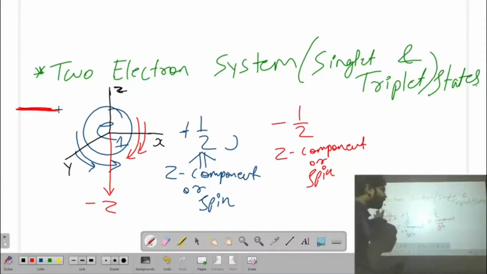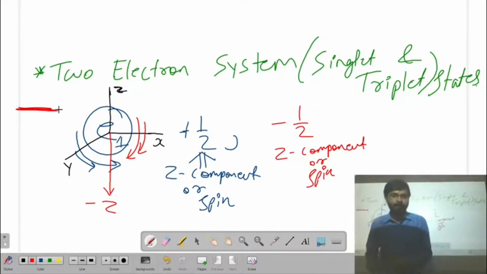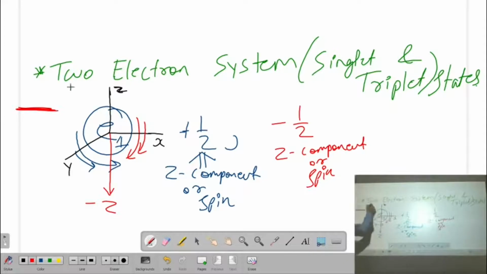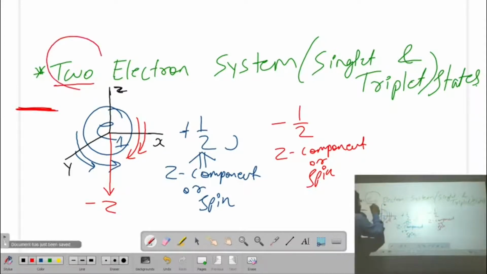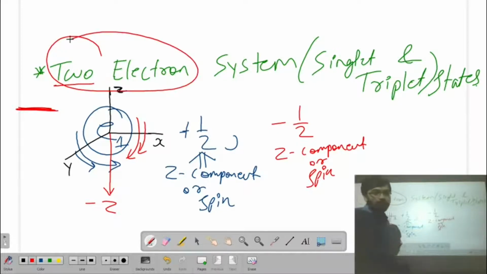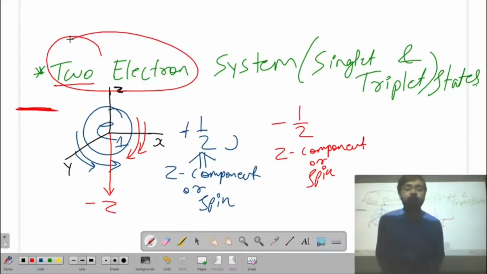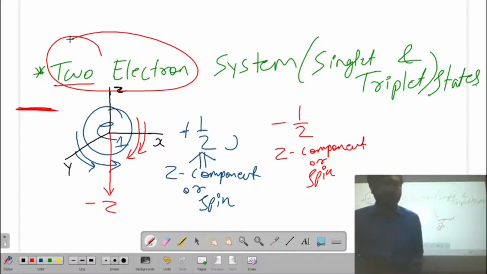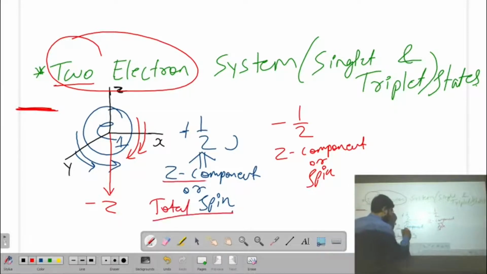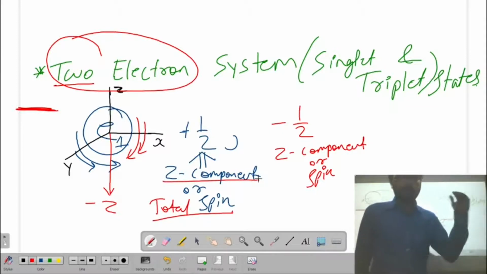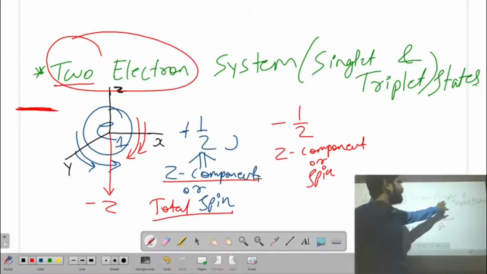But if we take the case of a two-electron system, then what can be the possibilities of its total spin and z component? What will be the possibilities of the energy states? That is, we will study in singlet and triplets.